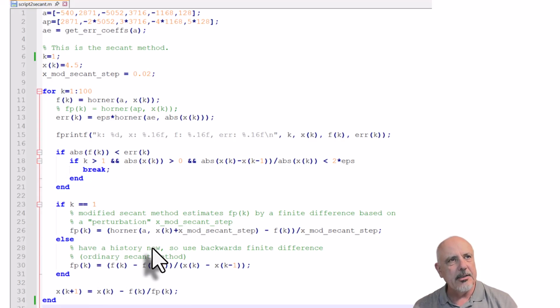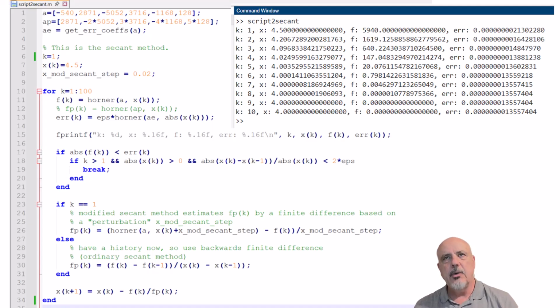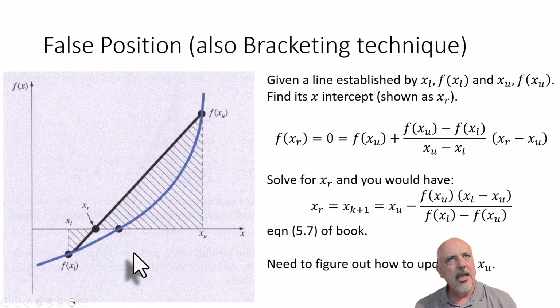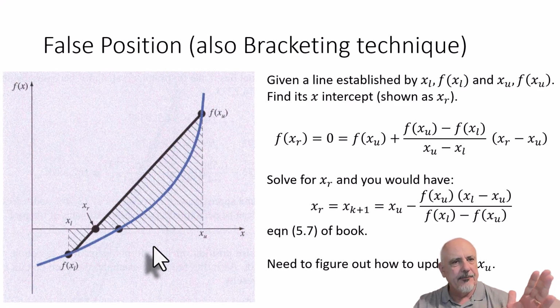So let's see how it performs. Interestingly, it's very close to what we found with Newton Raphson: 10 iterations, so no problem. The last type of iteration technique is called false position, and it's a bracketing technique, not that much different than the bisection technique.